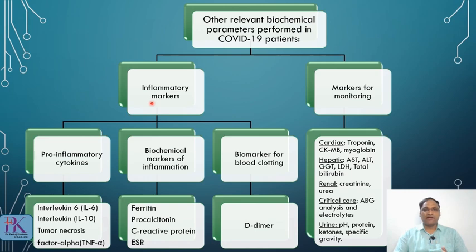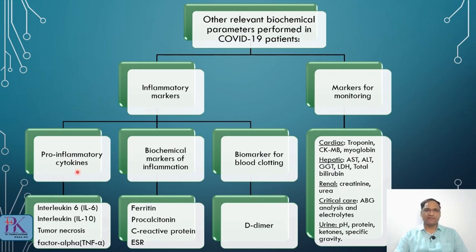Now this can be divided into three: first is pro-inflammatory cytokines, second biochemical markers of inflammation, and third biomarker for blood clotting. So which are the pro-inflammatory cytokines? During the inflammatory response the cytokines are increased in the blood.